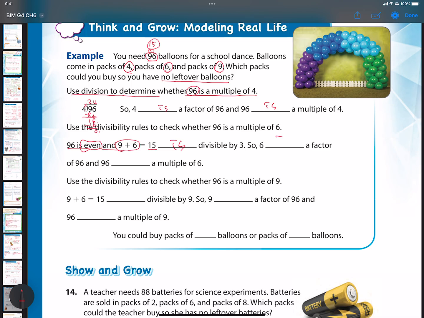So 6 is a factor of 96, and 96 is a multiple of 6.